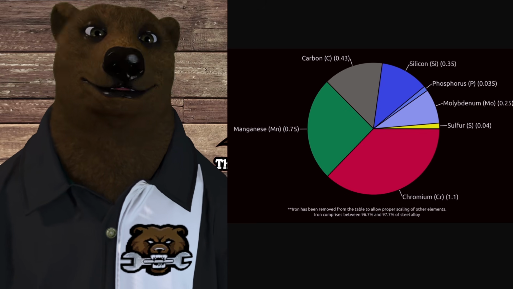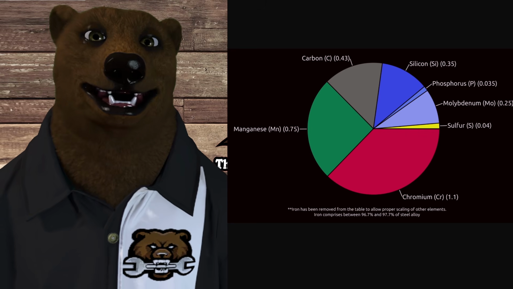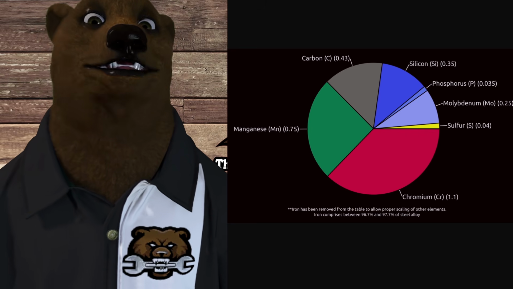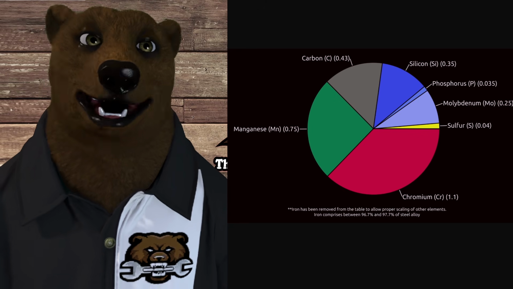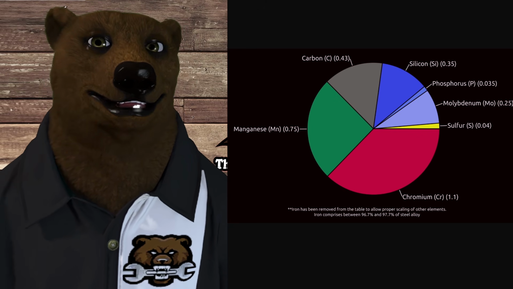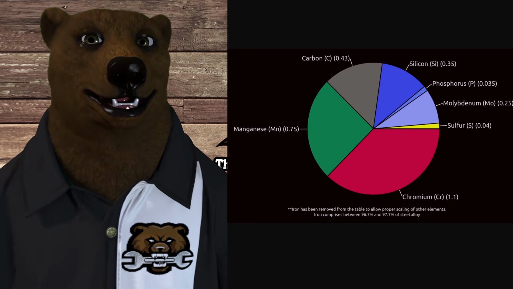I can't pronounce that. Vanadium. The point is, look at how small. That's not a quarter of the percentage. That's a quarter of 1%. That's the difference that we're talking about here.